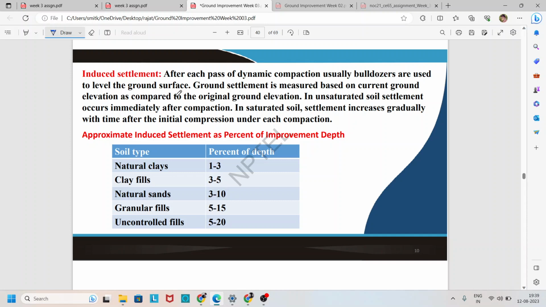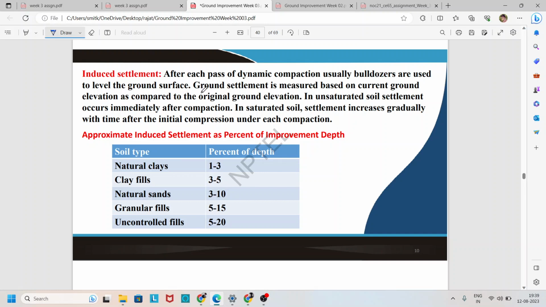After filling these depressions, usually a bulldozer, shallow compaction or roller is applied. The ground is leveled, and we measure the height or level of the ground before and after, and measure the difference. By this we measure the induced settlement.